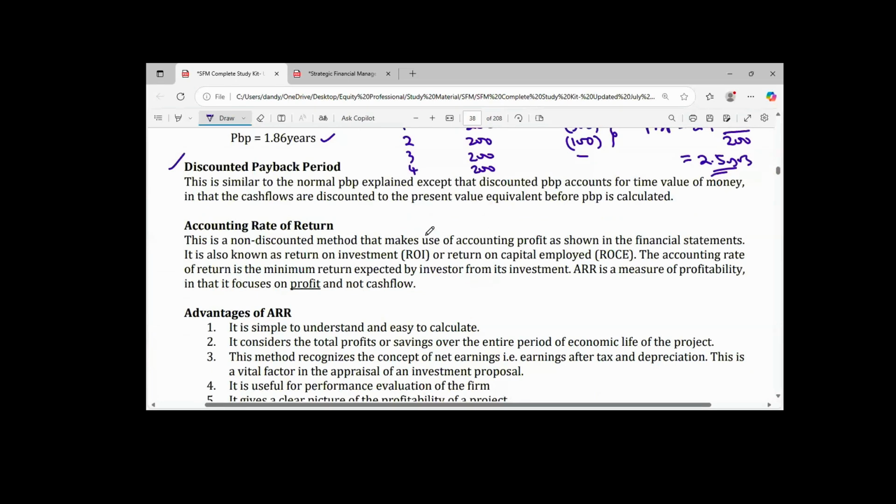If in the question you are asked to calculate accounting rate of return and you are given a cash flow, you need to convert the cash flow to accounting profit or loss. How do you do this? Profit or loss is calculated as the cash flow minus annual depreciation, okay? So that is what you need to do, all right?